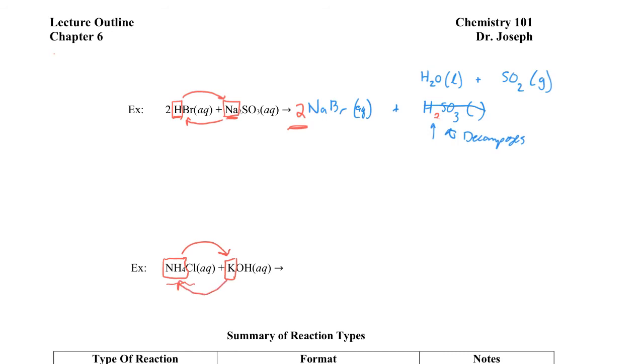So let's write out all of our symbols. And again, it doesn't matter which one you start with first. I'll just arbitrarily pick here to start with potassium. So I'm going to write potassium first, and potassium is going to be with chloride. Okay, a little space for the phase. And then the next product is going to have ammonium in it, so it's going to have that NH4.